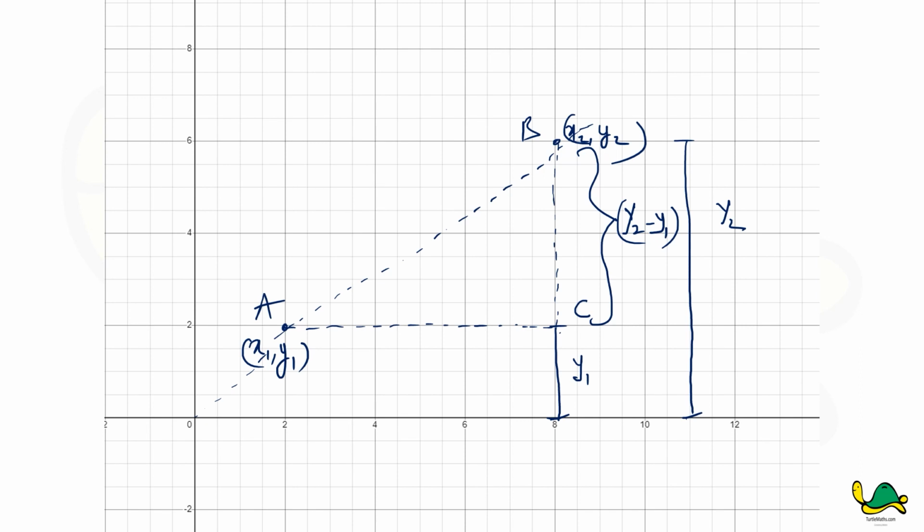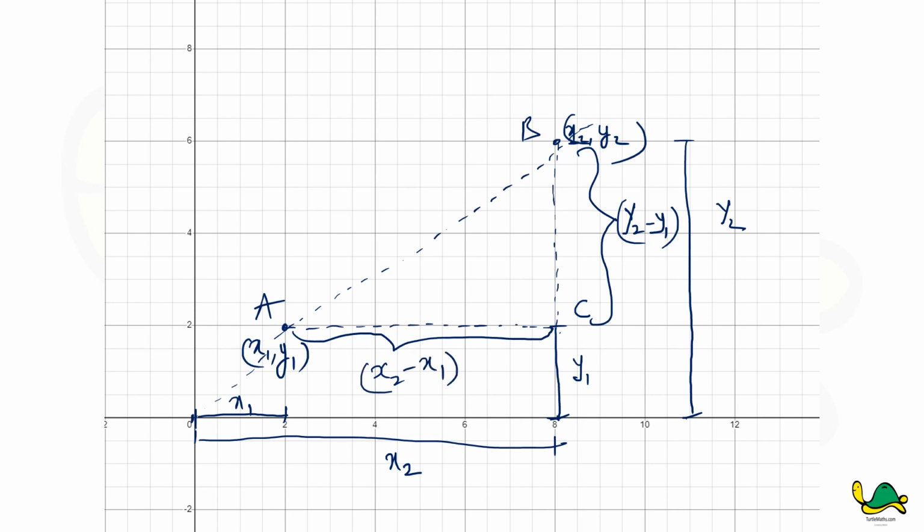Similarly, if I am interested in finding the length of AC, from the origin to the point C, this length is x2. And from the origin to point A, it's x1. So in order to find this distance, we can write it as x2 minus x1.